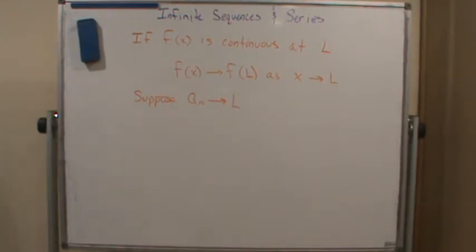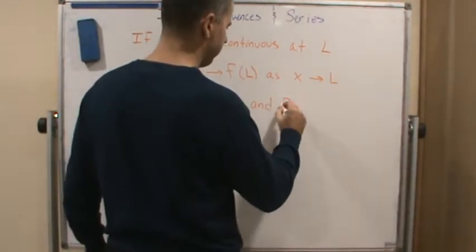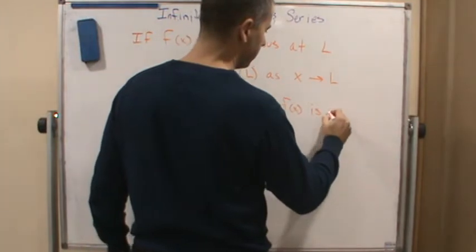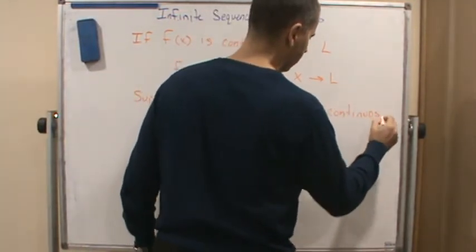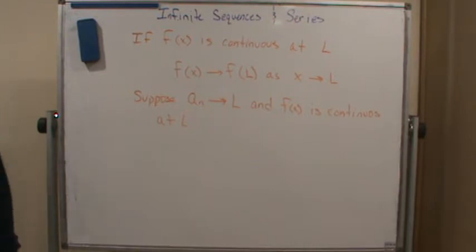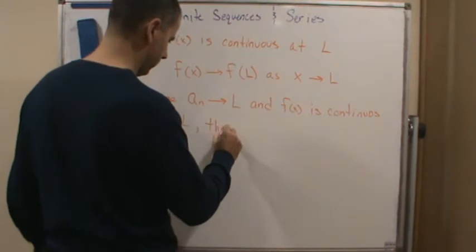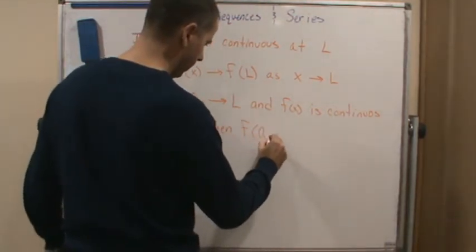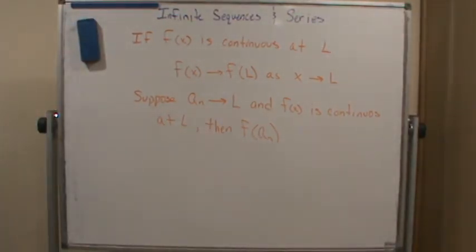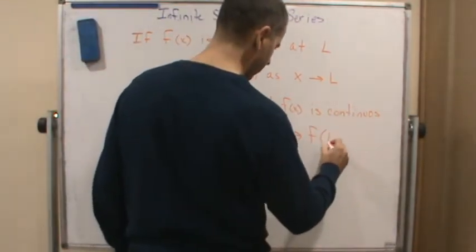If that's true, and f of x is continuous at L, then we know that the function of a sub n, of the nth term of the sequence, approaches f of L.